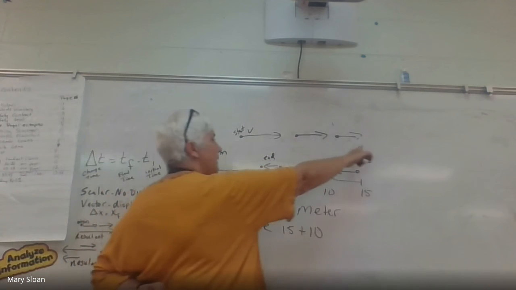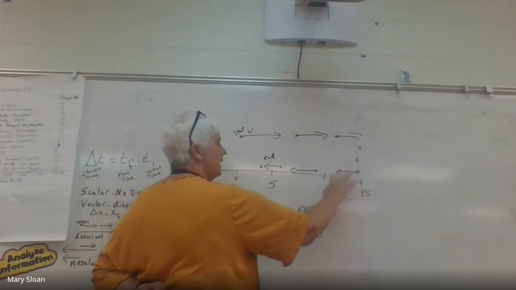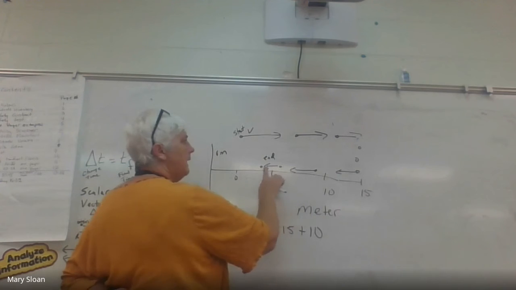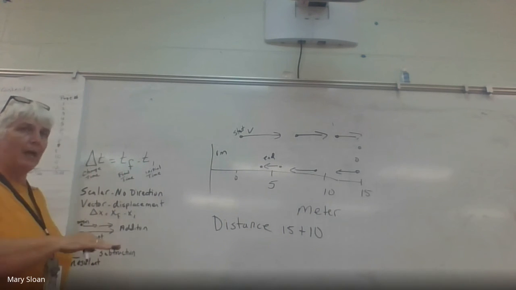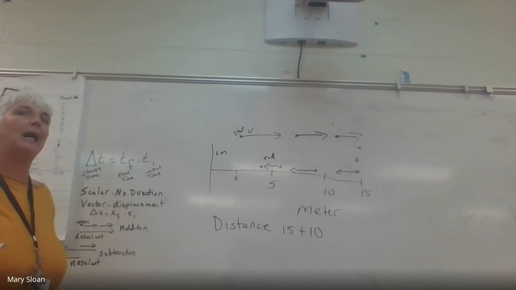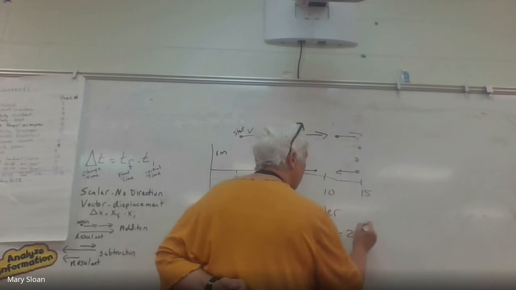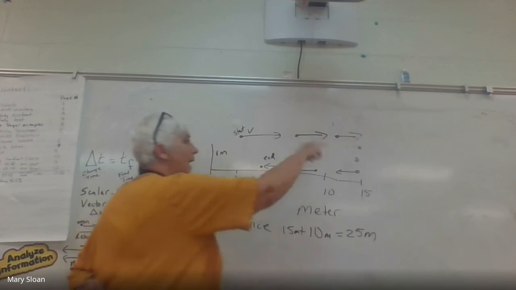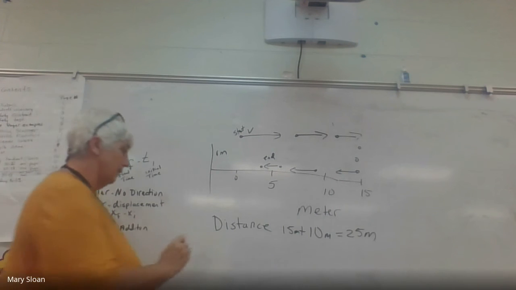They went 15 meters, they stopped, and they turned around and went 5, 10, right? So the total distance they traveled was 25 meters. Do you see where I got that? I'm adding everything.